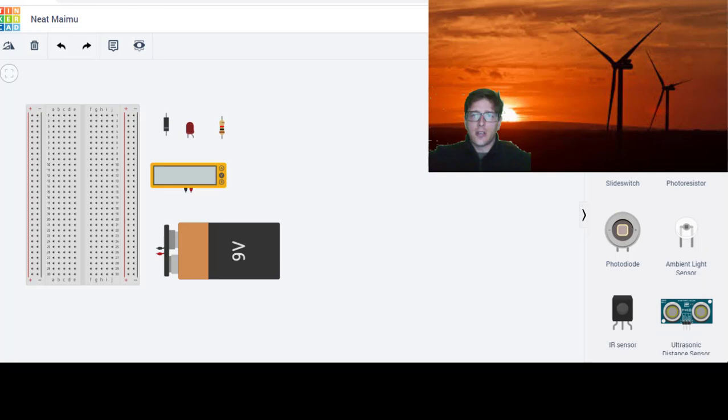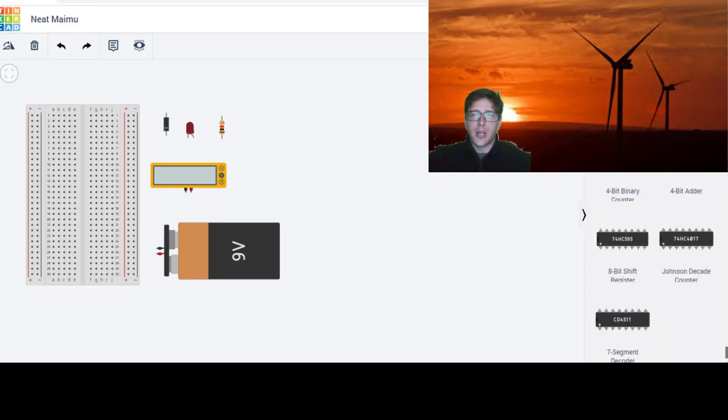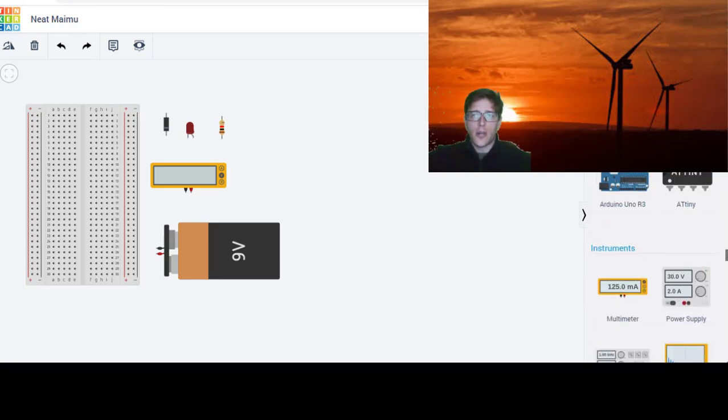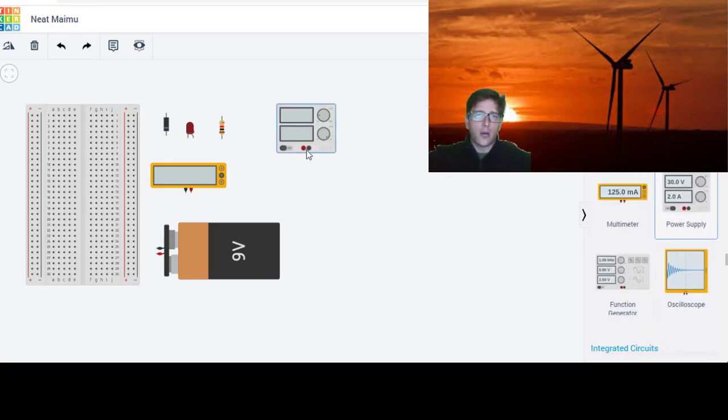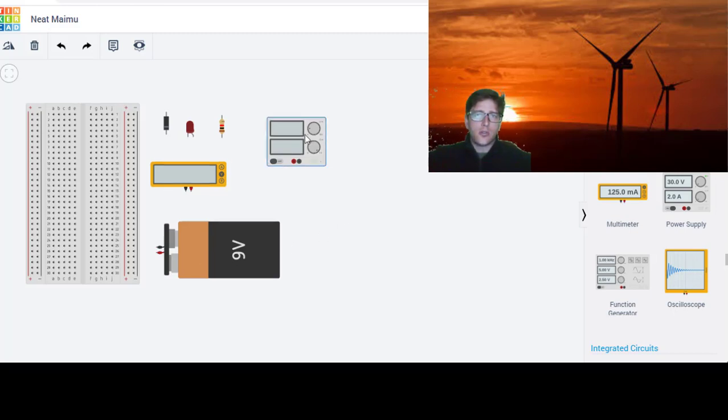A third device that I want you to learn about is we've kind of graduated away from the 9-volt battery, and we can actually use a power supply now. It's a little bit more complicated, but it allows us to put a range of voltage instead of just a single voltage. Okay, so let's go ahead and get started here.